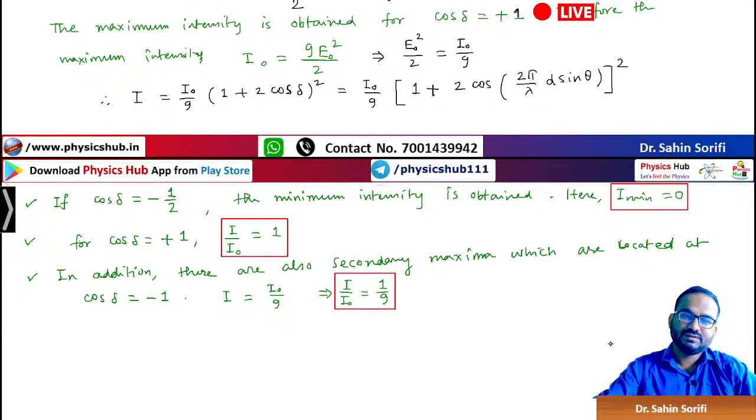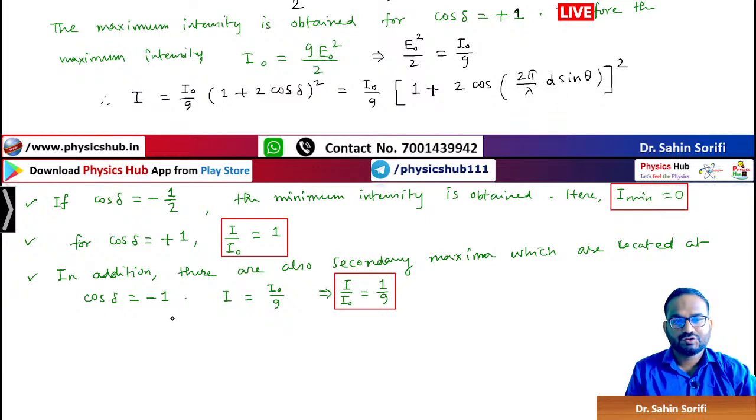Now where should these points exist? Delta is equal to, let's say, 2 pi by lambda into d sin theta.